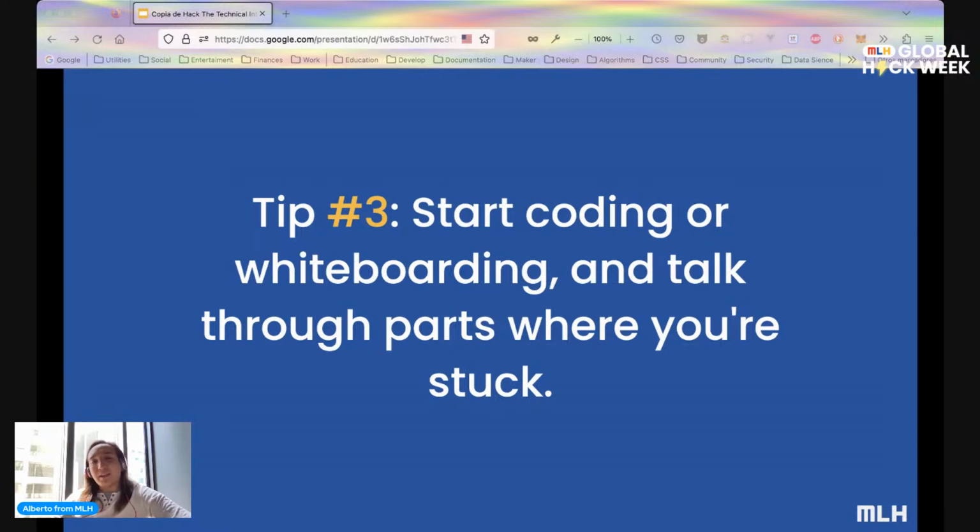Next tip is to refactor. So once you're done with your code and you are satisfied with the thing you built, try it and try to see what you can improve in it.